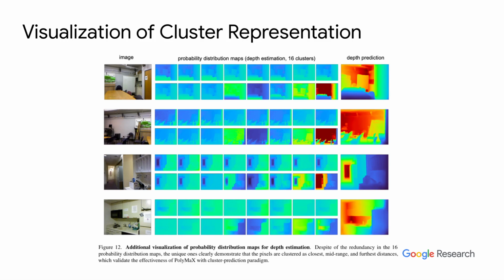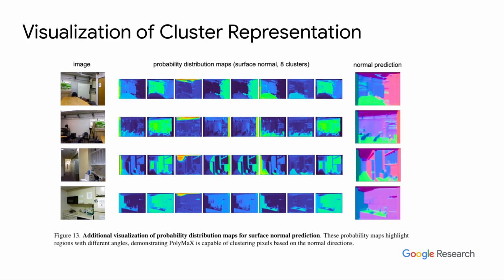So we look at the visualization of the cluster representations. Despite the redundancy in the 16 probability distribution maps, which also explains why there is not much difference among the different cluster granularities, the unique ones clearly demonstrate that the pixels are clustered as closest, mid-range, and furthest distance, which validates the effectiveness of our proposed model with the cluster prediction paradigm.